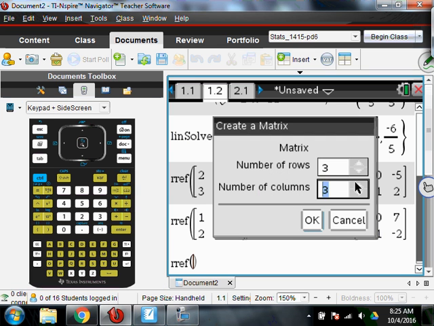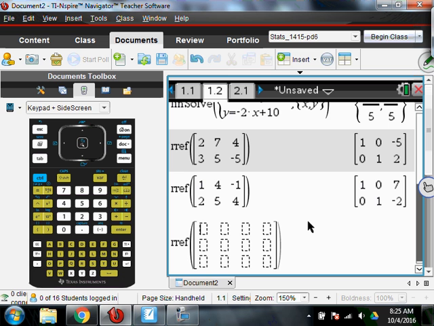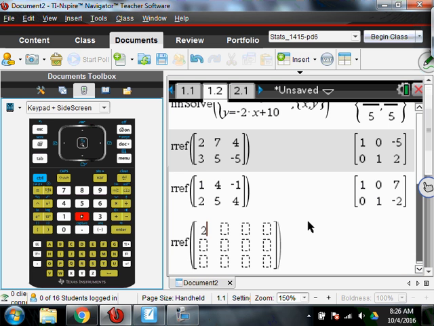And what were our elements? 2, 3, -1, 1, and then -4, 9, 2, 8, okay. And then -2, 0, 2, 3.